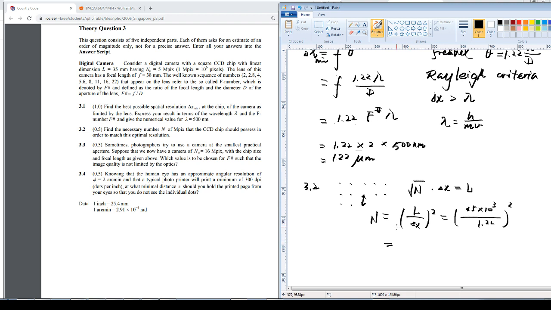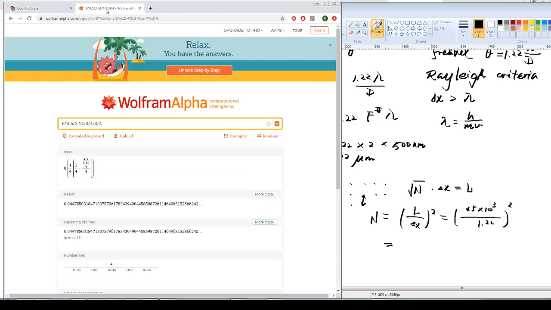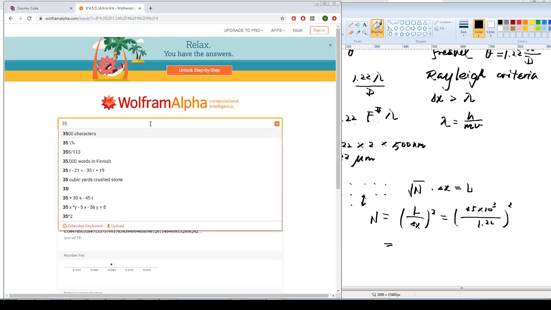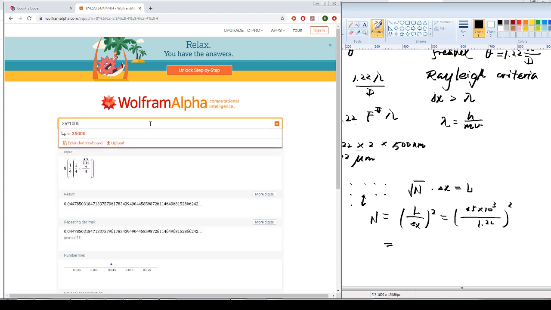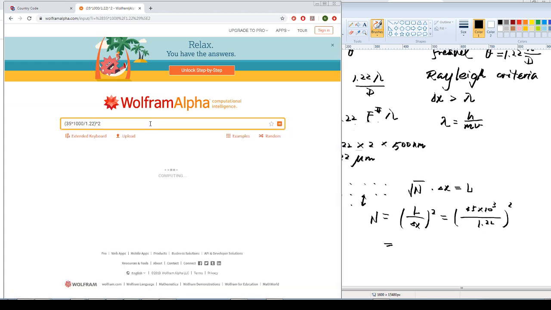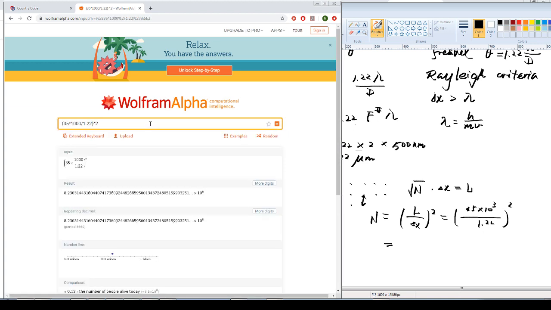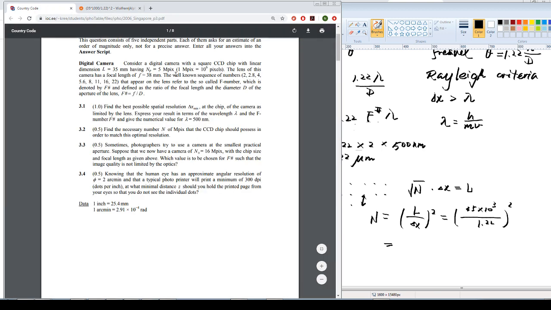How big is this? So that's much bigger than this one.